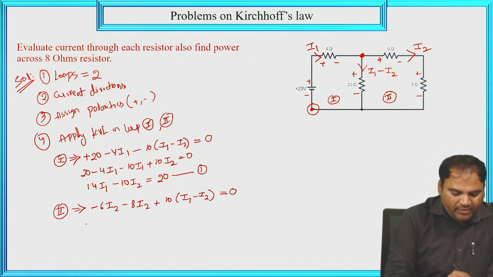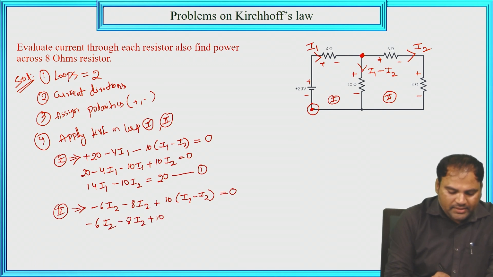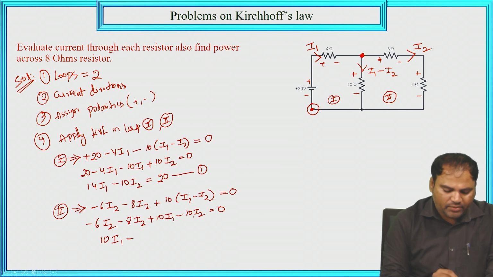Now simplify the equation. Minus 6I2 minus 8I2 plus 10I1 minus 10I2 equal to 0. By simplifying, plus 10I1 minus 24I2 equal to 0.